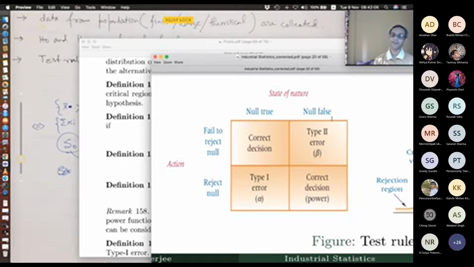The other error, when the null hypothesis is false and we fail to reject it, is known as the type 2 error. The probability of occurrence of type 2 error is given by beta, and its complement, when the null hypothesis is false and it is rejected, has a probability known as the power.